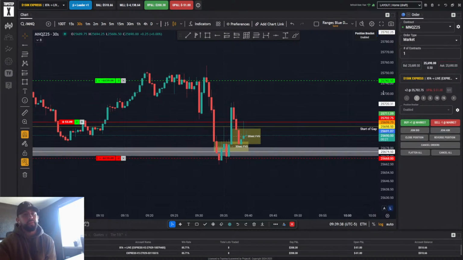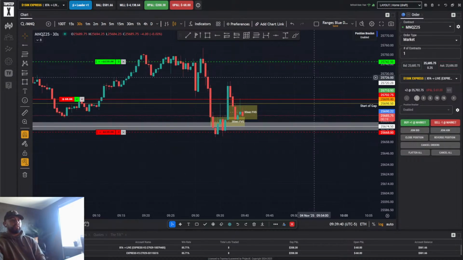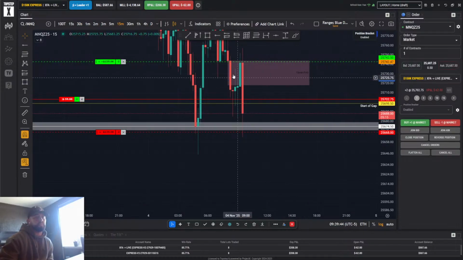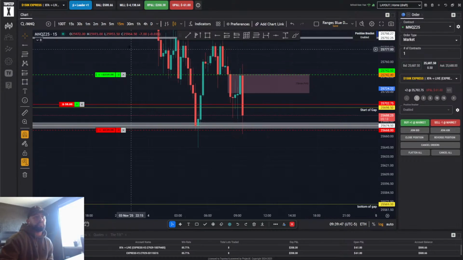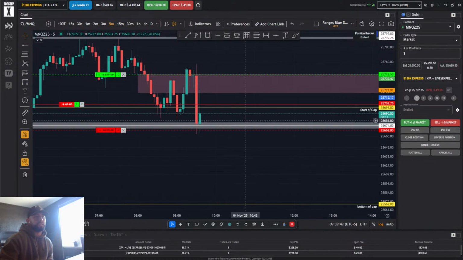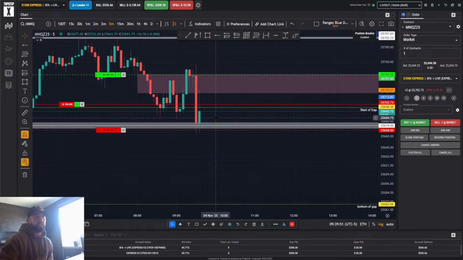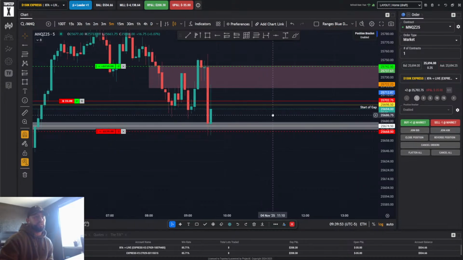I want to see it get back above the 700s before I even add, for some time. Could just flush. It could. This candle could literally just reverse and.